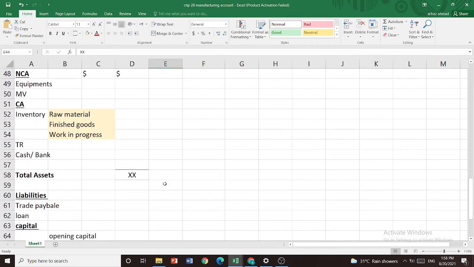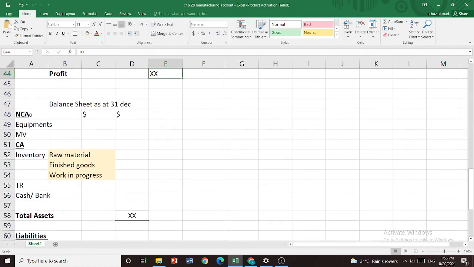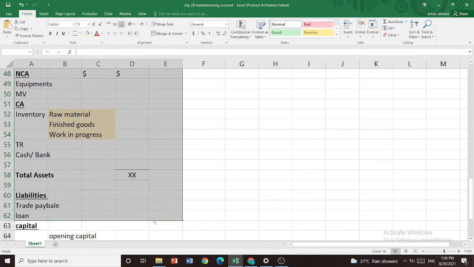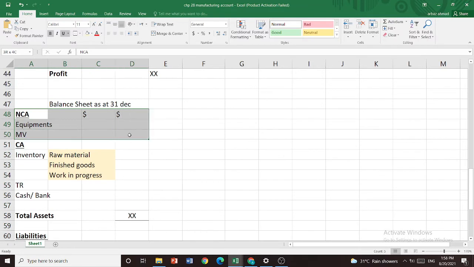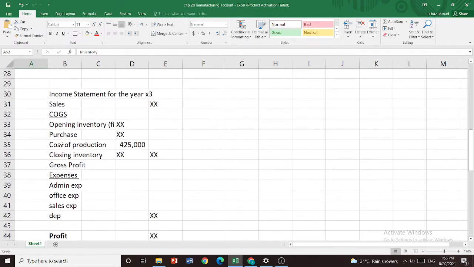Now in the balance sheet also you will have one thing that is different. You will have balance sheet, normally your non-current asset will be normal, and under current asset you will have inventory, right? Usually you will have closing inventory here, which indicates this.